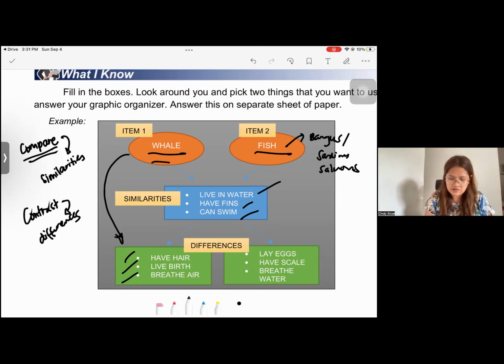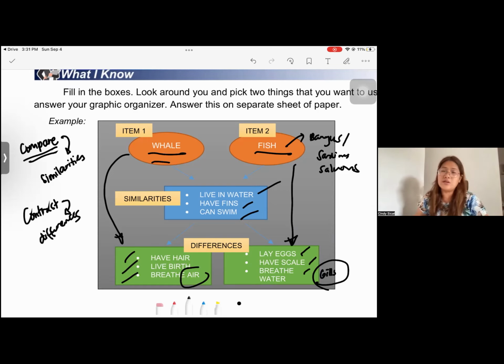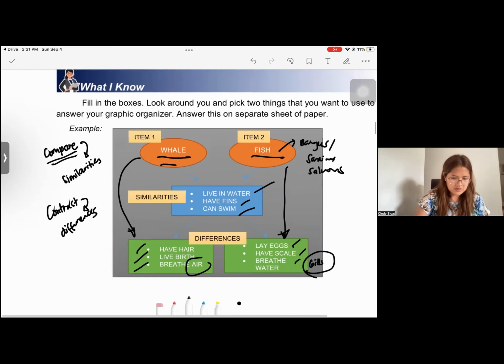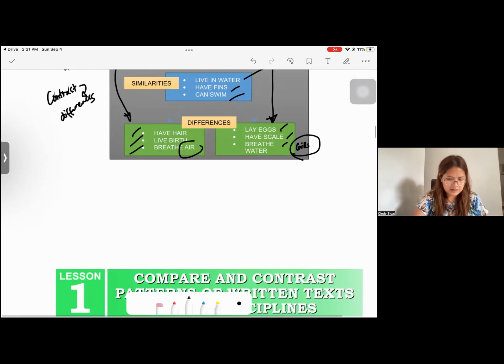And then for fish, they lay eggs, they have scales, they breathe through their gills. They survive in water and do not need air. If you expose them to air for a very long time, they will die. So I hope we're clear about that.